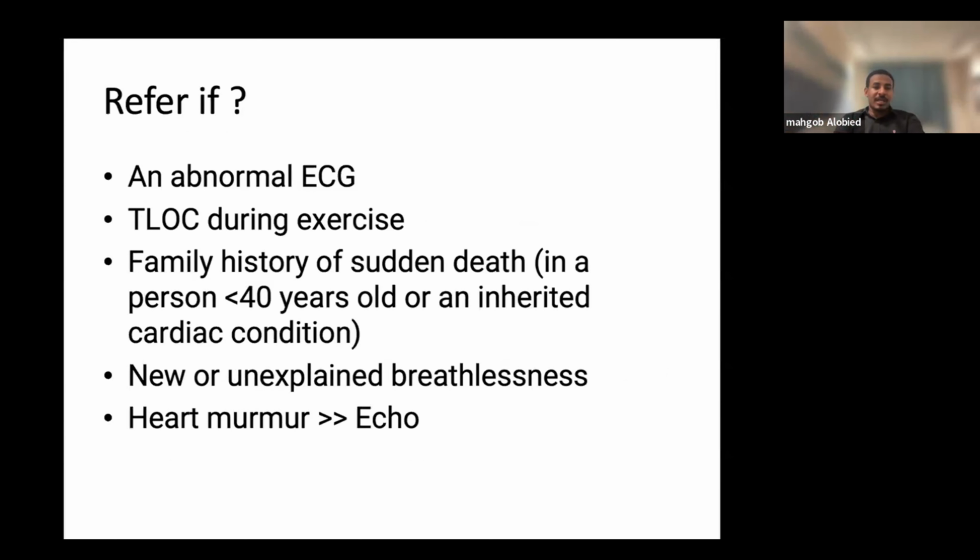If there is any abnormal ECG, like loss of consciousness during exertion, family history of sudden cardiac death less than 40 or 45, any family history of heart problem, new or unexplained breathlessness and heart murmur, this patient definitely needs an echo, right?